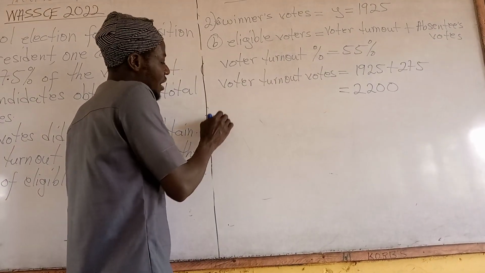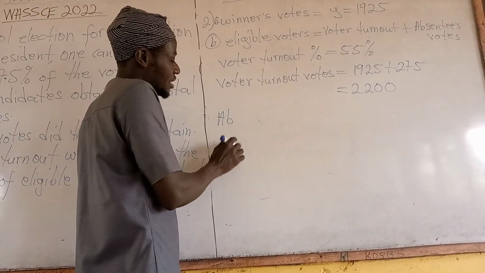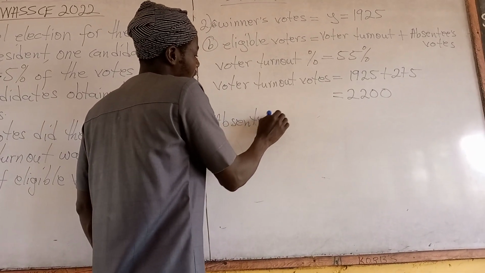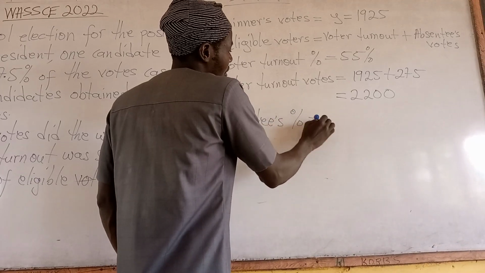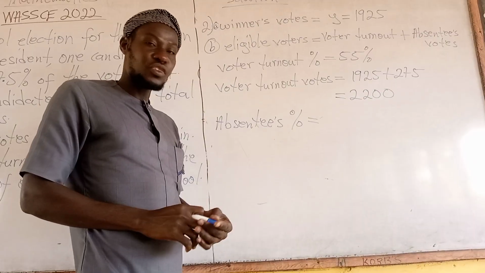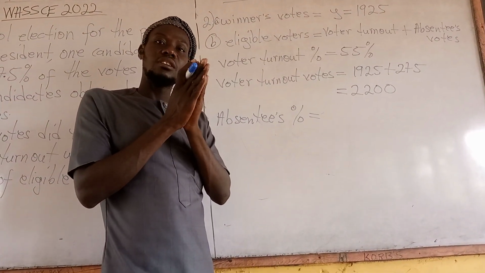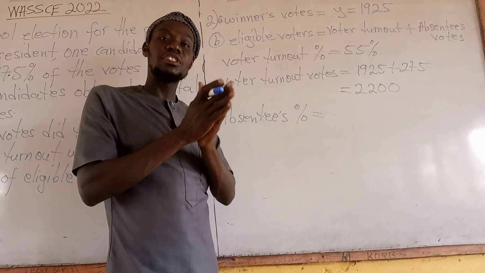Now, we find the absentees percent. To find the absentees percent, we are saying that all the eligible voters represent 100%.